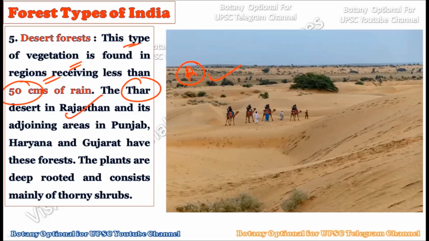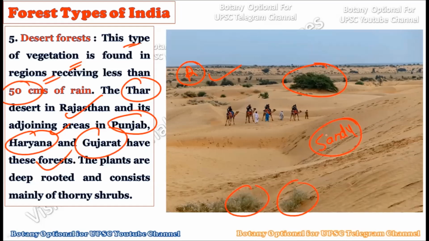Now, the desert in Rajasthan and in the adjoining areas of Punjab, Haryana, and Gujarat have this type of forest, okay? These are desert-type forests where there is sandy soil, and not much plant vegetation grows there. Actually, very limited species are able to grow in such an area, and these species are mostly thorny species, okay?